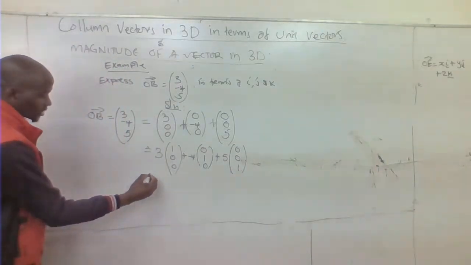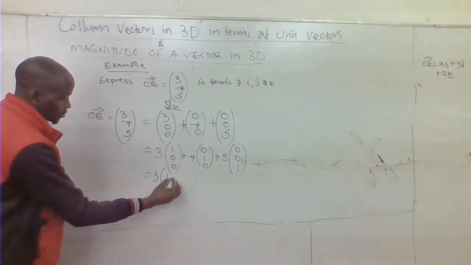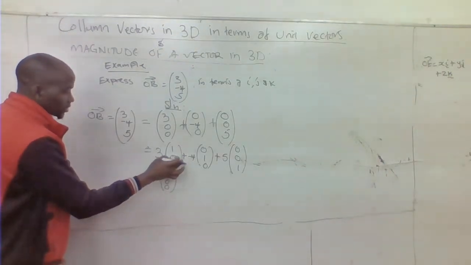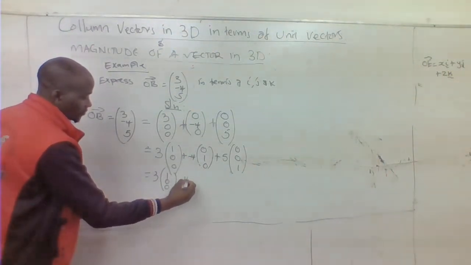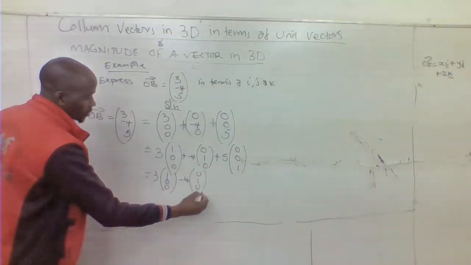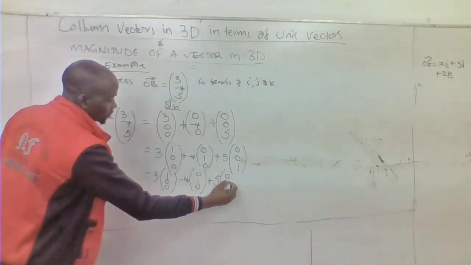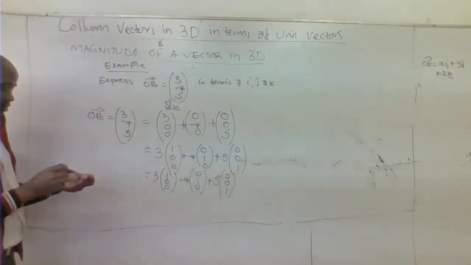Now remember, this can also be written as 3 into bracket (1, 0, 0), then positive times negative, we have negative 4 into bracket (0, 1, 0), then plus 5 into bracket (0, 0, 1).